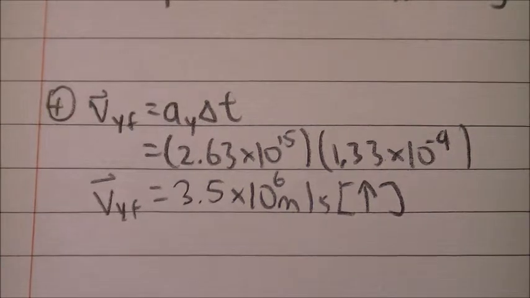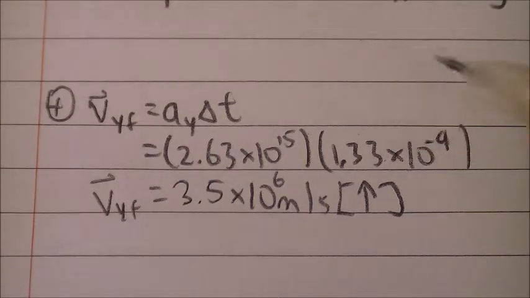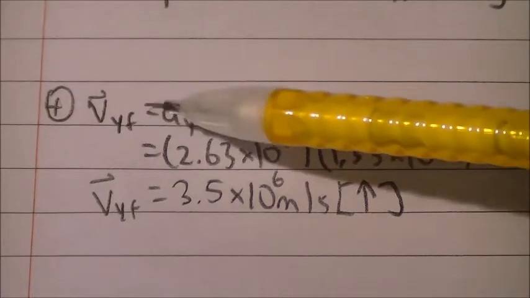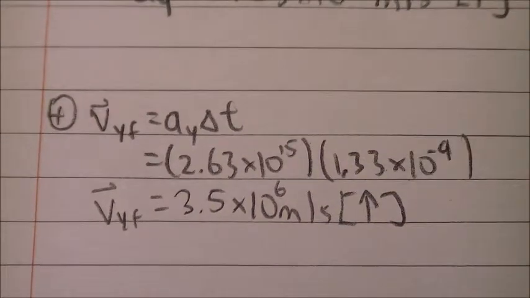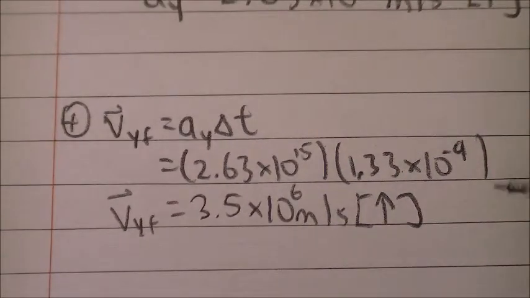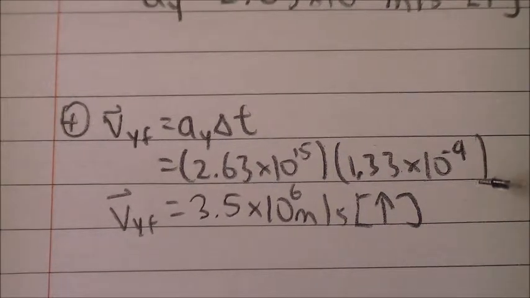Since we know that the initial vertical velocity is 0 and that the acceleration is constant, we can use v_yf equals a_y times delta t to solve for the final vertical velocity. And by subbing in the values, we will get a final vertical velocity of 3.5 times 10 to the exponent of 6 meters per second.